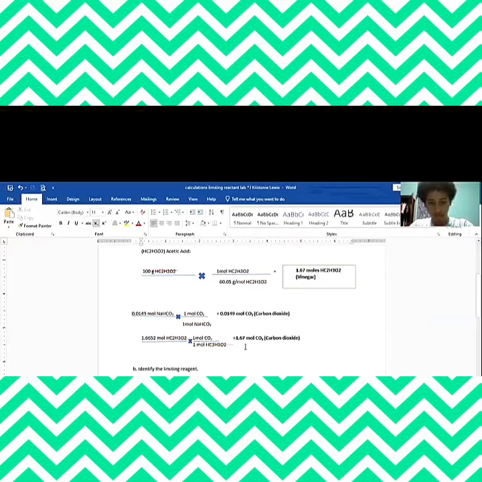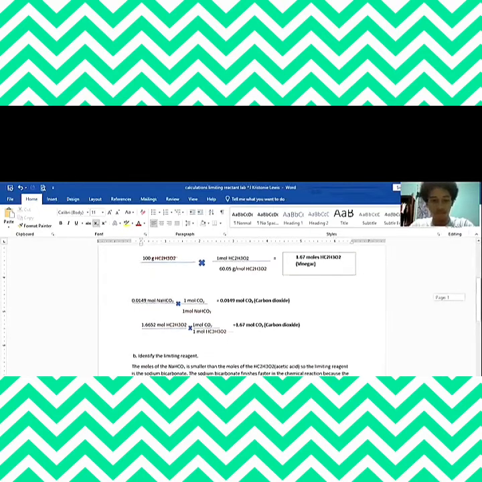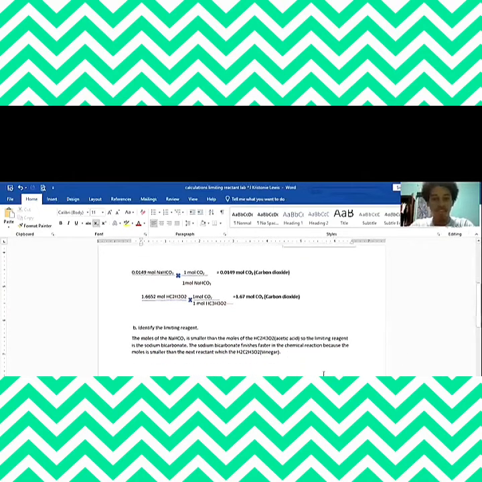This gives you 1.67 moles of CO2, which is carbon dioxide. The moles of sodium bicarbonate, the limiting reagent, are much smaller than the moles of acetic acid. So in this proposed reaction, the sodium bicarbonate will run out or finish faster.